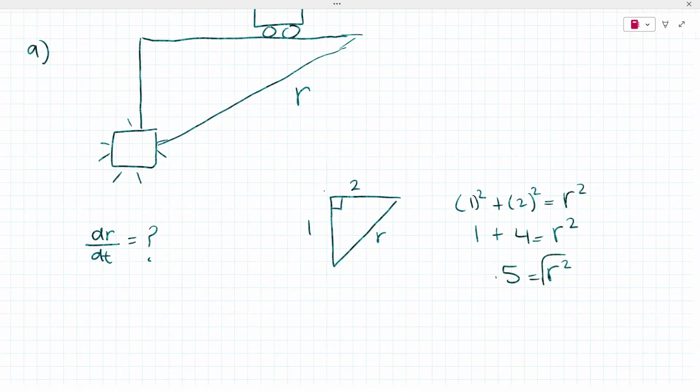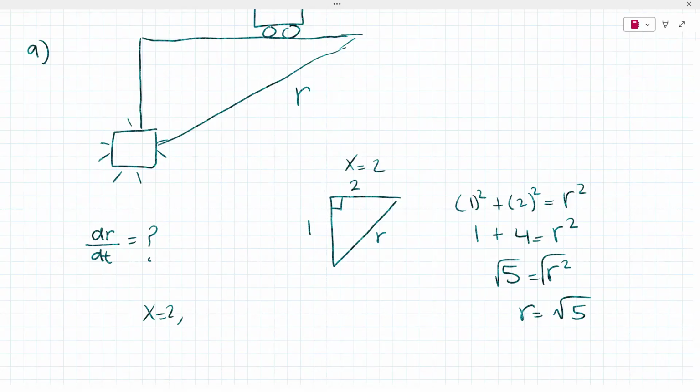Solve for r by taking the square root of 5, so r is the square root of 5. Yes, this distance is 2, x equals 2, that was given.